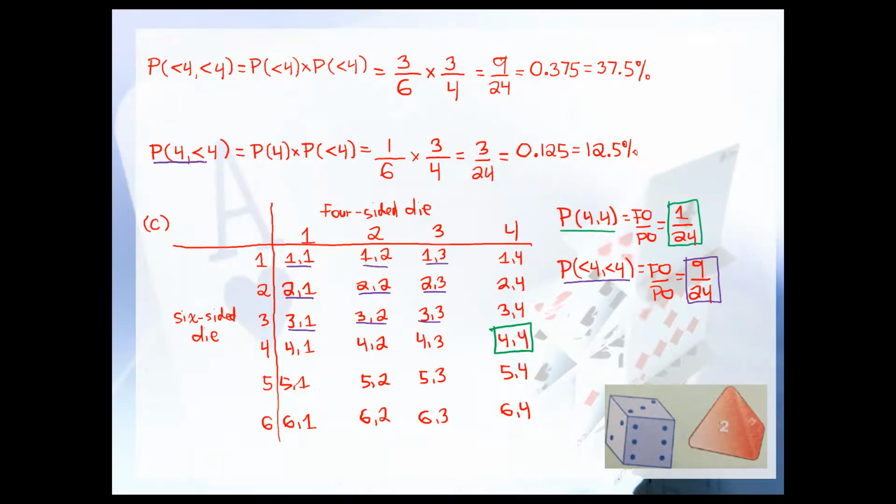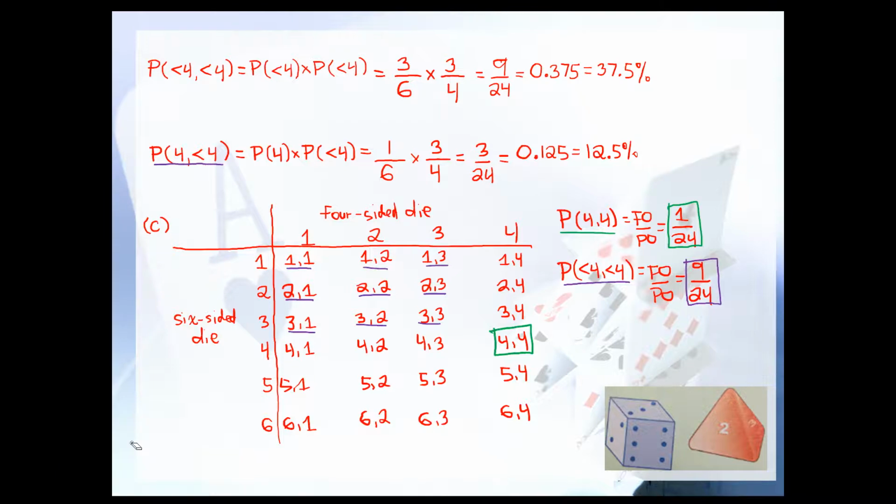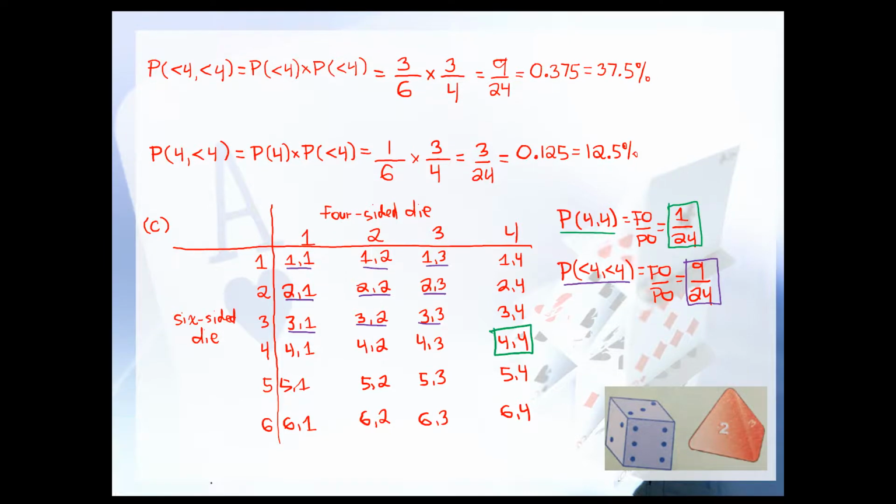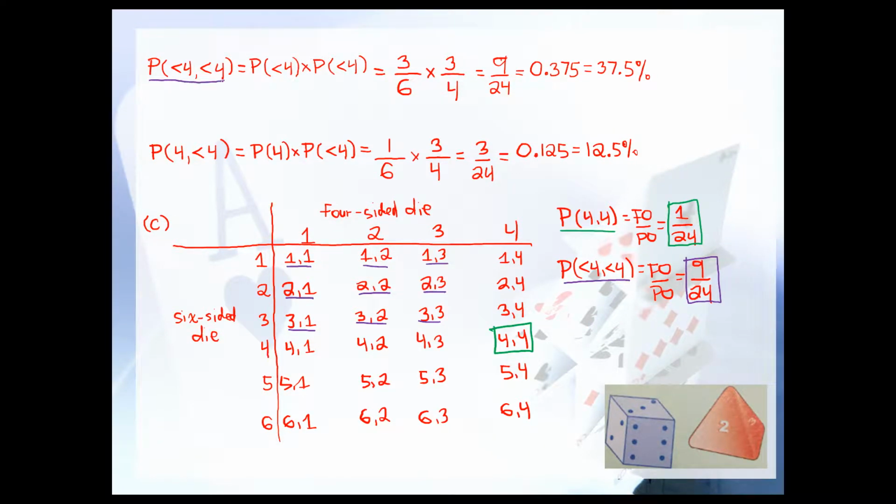With my multiplication method up here, the probability of getting less than a 4 on each die was also 9 out of 24. I'm sure you'd agree that doing the multiplication method is much faster than drawing this horrible table and then doing the probability calculations. So it's an alternate method to doing it quicker.